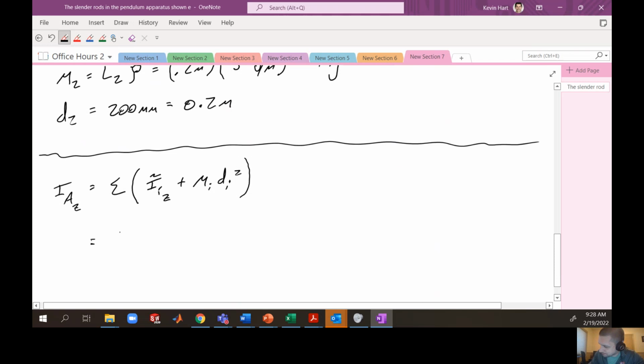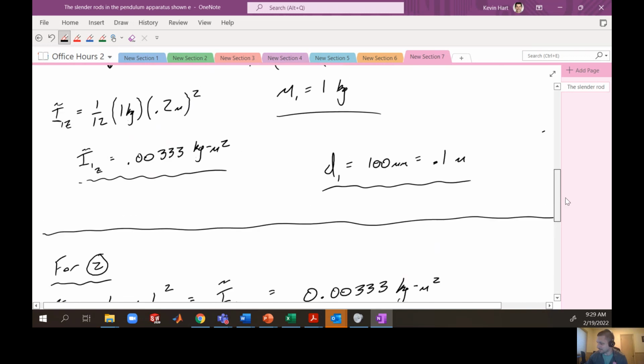So for object 1, we have I1Z is 0.00333 kilogram meter squared, plus the mass of object 1 is 1 kilogram, and the distance that the axis of object 1 about its centroid is away from point A, we've already seen this, is this 100 millimeters or 0.1 meters.